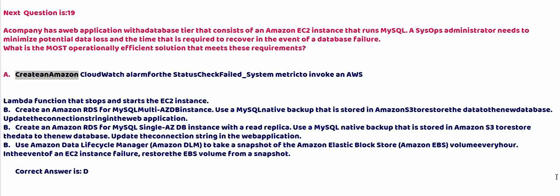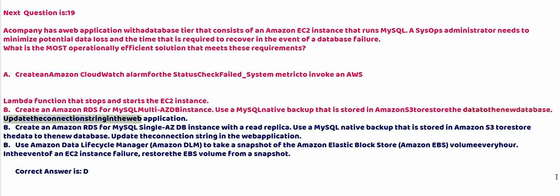A. Create an Amazon CloudWatch alarm for the StatusCheckFailed_System metric to invoke an AWS Lambda function that stops and starts the EC2 instance. B. Create an Amazon RDS for MySQL Multi-AZ DB instance. Use a MySQL native backup that is stored in Amazon S3 to restore the database.